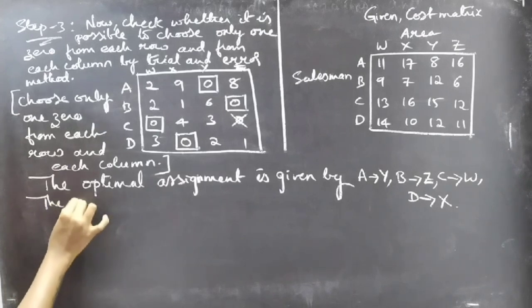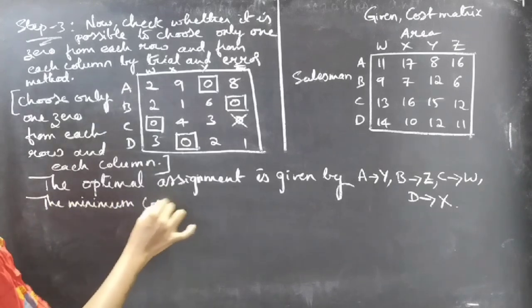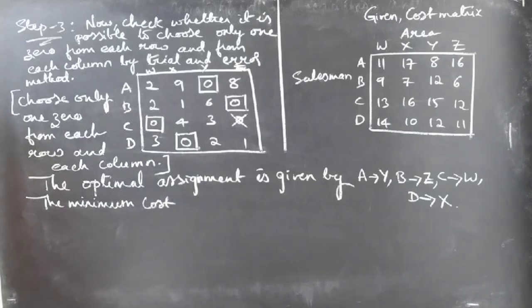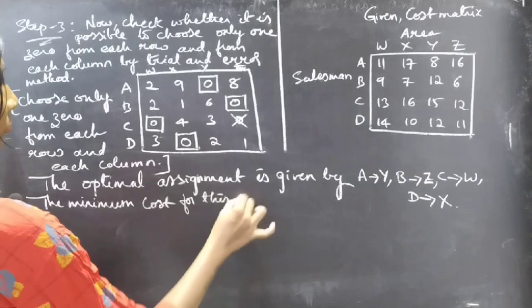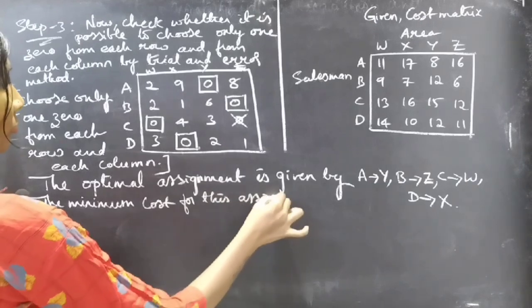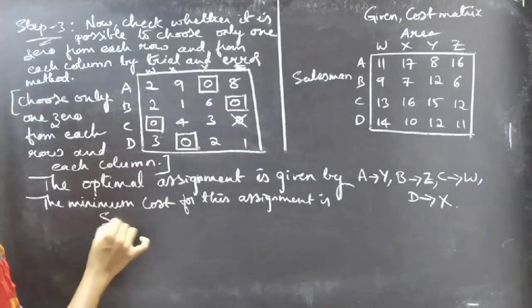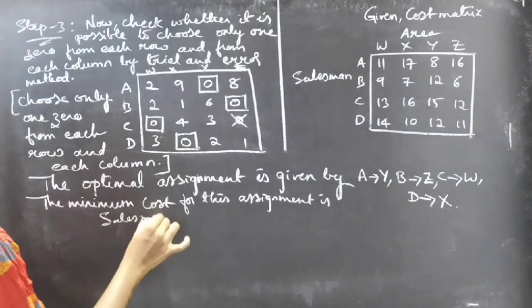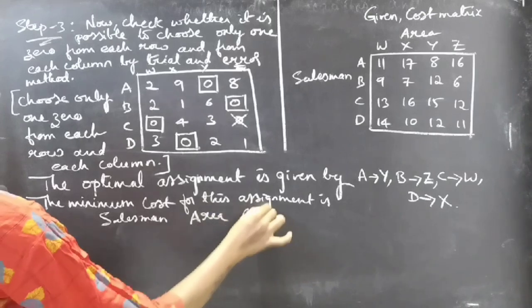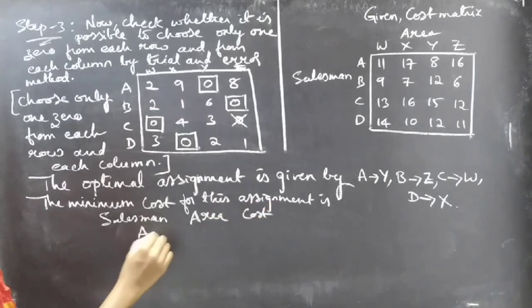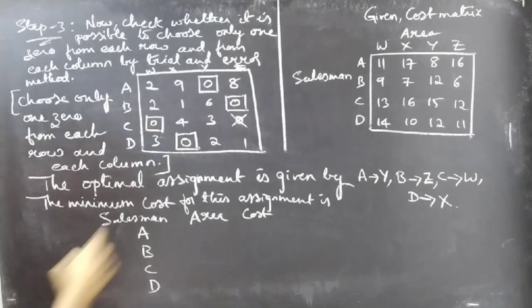The minimum cost for this assignment is, salesman, area, cost. Salesman A, B, C, D, right?